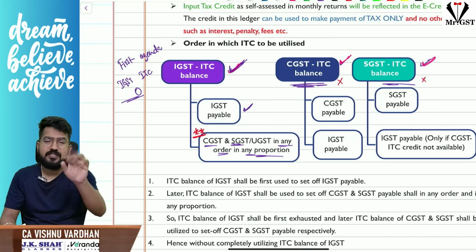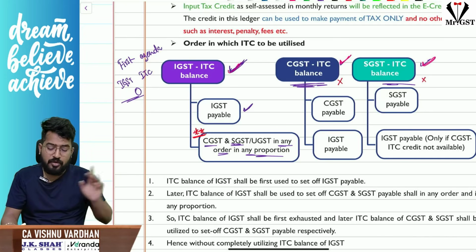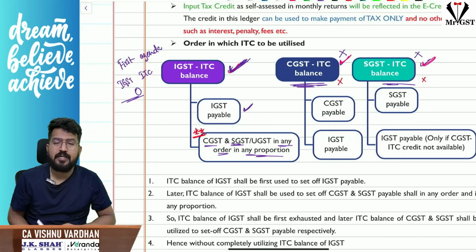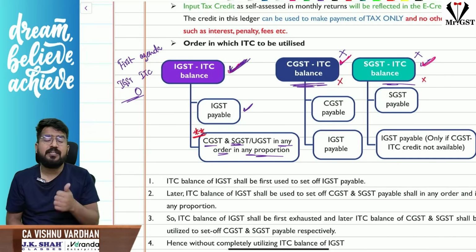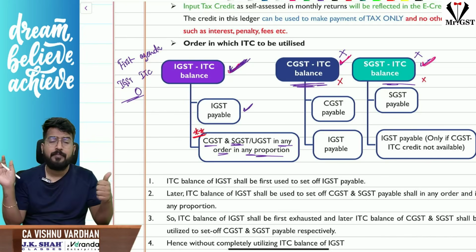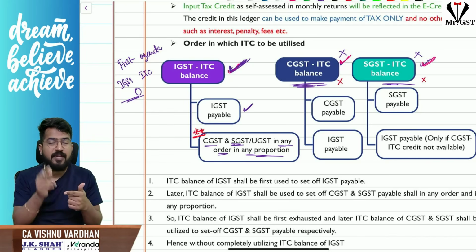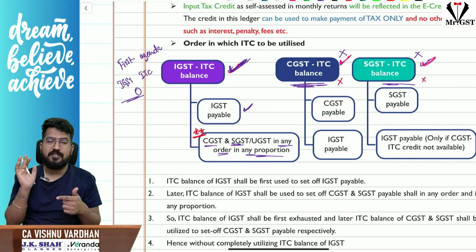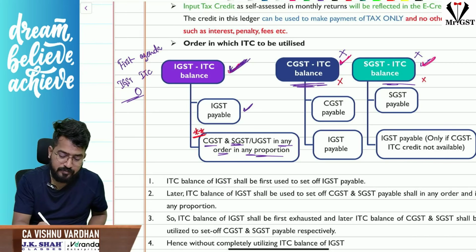If these two conditions are satisfied, then only your answer is correct, because without making this 0, you cannot use these accounts, correct? So please understand, if you get IGST ITC carry forward, that means liabilities are fully over, and CGST ITC balance, SGST ITC balance, you have not touched. Okay, that should be the case.